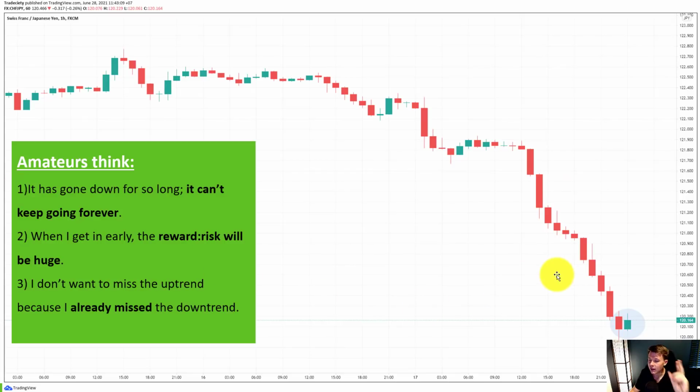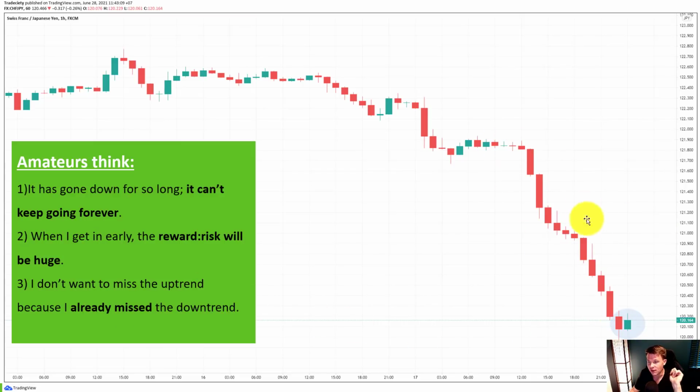Second, many traders believe that when you get in early, the reward to risk ratio will be huge. And this is obviously true. If you can catch a trend at the bottom, at the turning point, then your potential reward to risk ratio theoretically will be very high. And third, I don't want to miss the uptrend because I've already missed the downtrend.